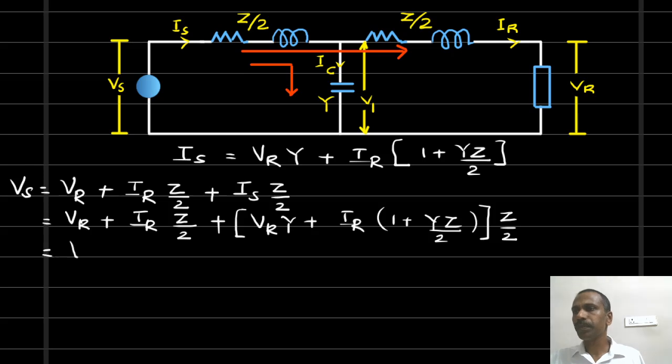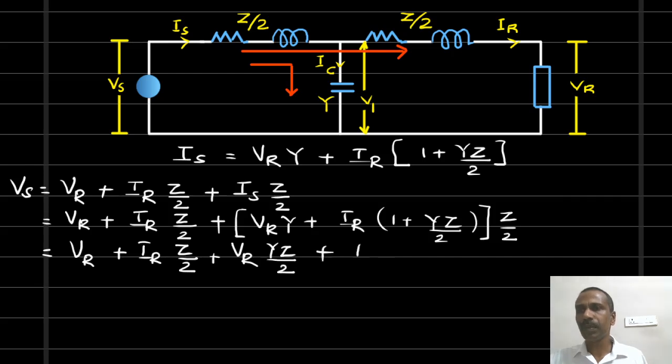So this is equal to VR plus IR into Z by 2 plus VR into YZ by 2 plus IR into Z by 2 plus IR into YZ square by 4.